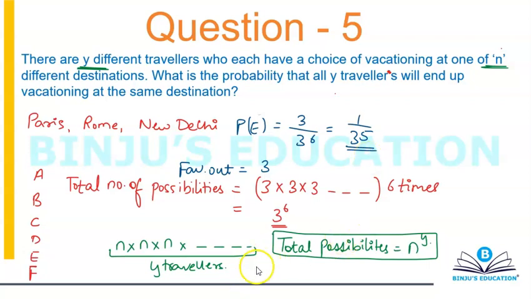Which means that if I talk about the favorable outcomes for my actual question, we're going to have a total of n different favorable outcomes, and hence my probability will become n divided by n to the power y.